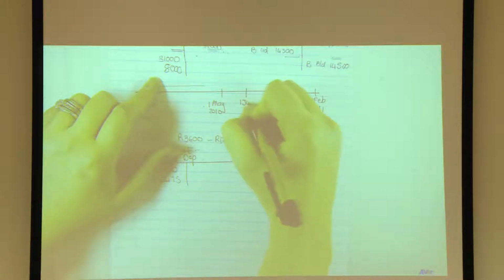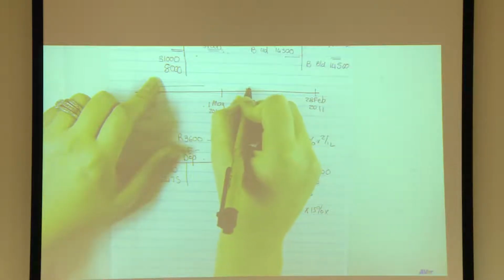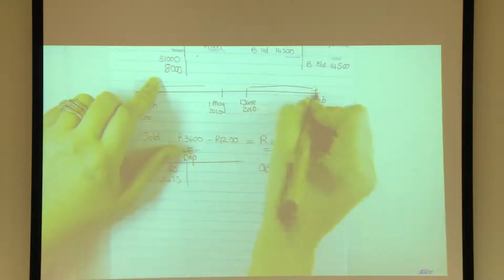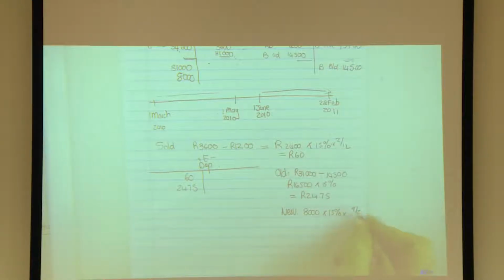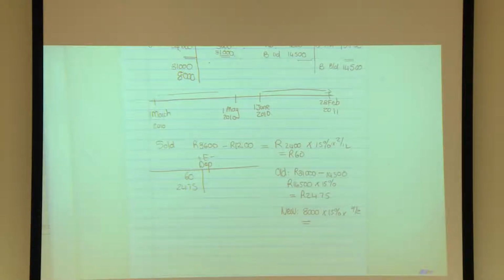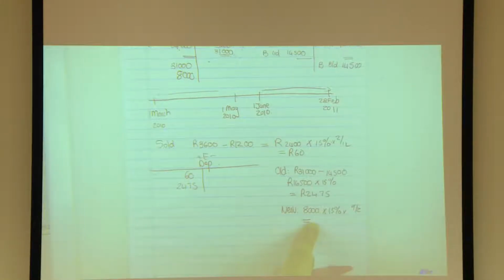On the 1st of June 2010, which means from the day we purchased it until the end of the accounting period is how many months? Good. So what's your final answer? What's your answer for depreciation on the new? What did you get? That's correct.